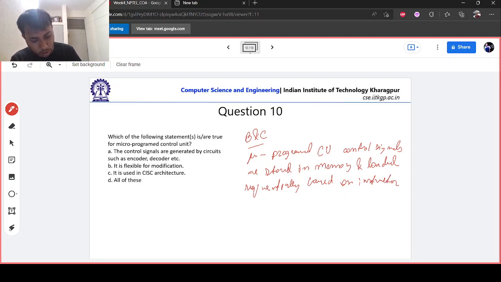So it is also available for modification since it is stored in the memory, and it's basically a CISC architecture. So it doesn't require encoder or decoder kind of stuff because all the control signals are stored in the memory. They do not have to be generated again and again. So options B and C are correct.